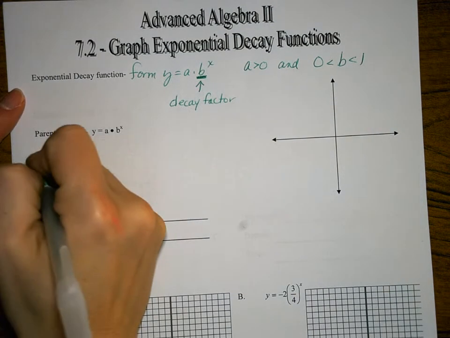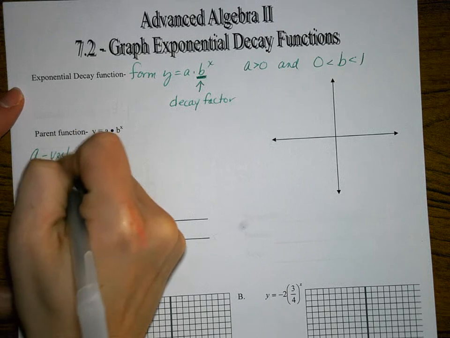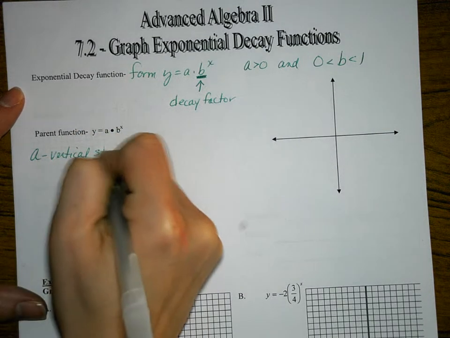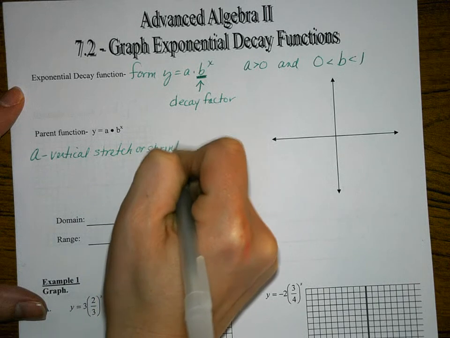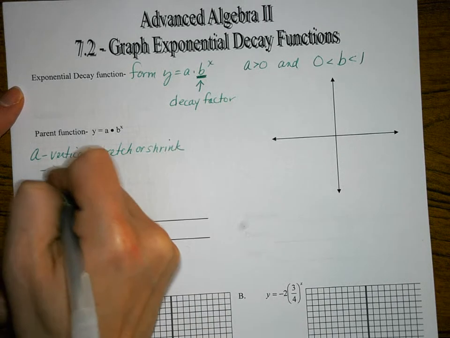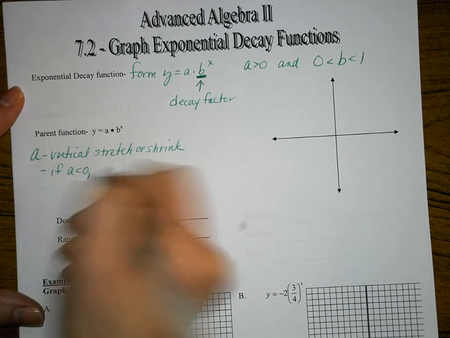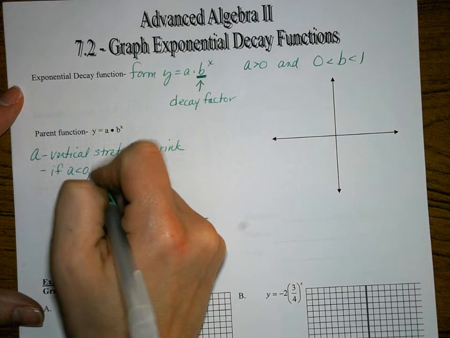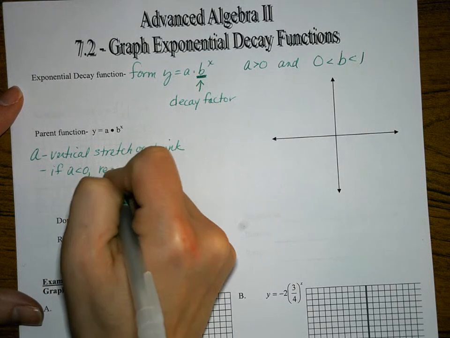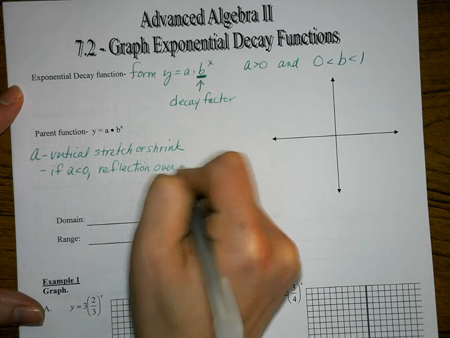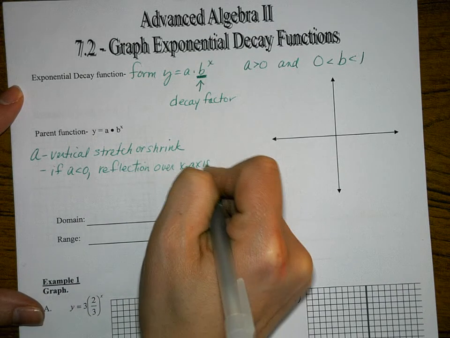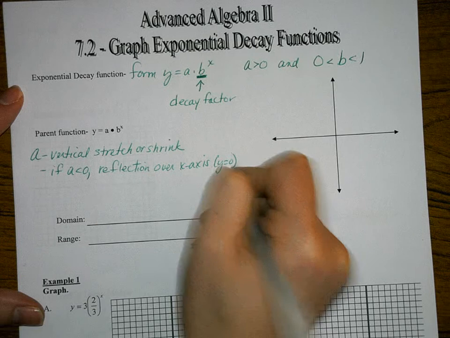All right, so that a value causes a vertical stretch or shrink. And if the a is less than 0, if it's negative, there is a reflection over the x-axis, which is y equals 0.